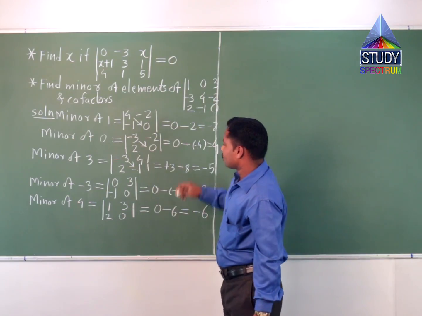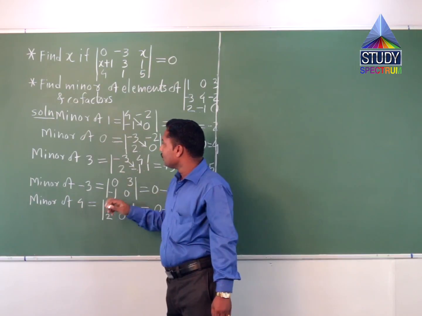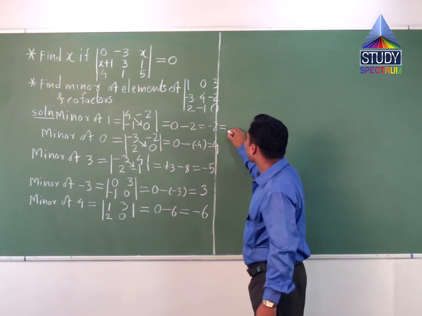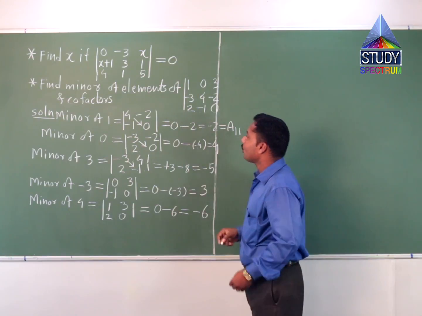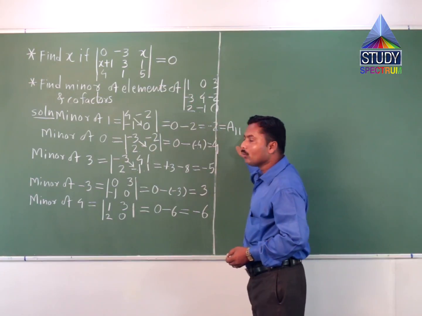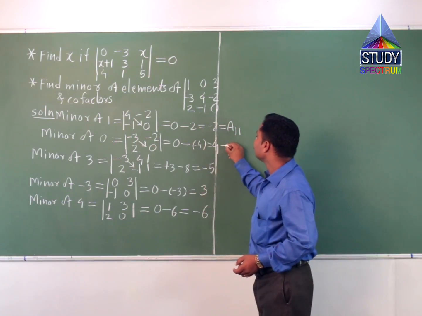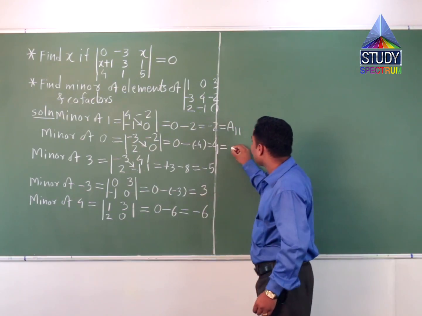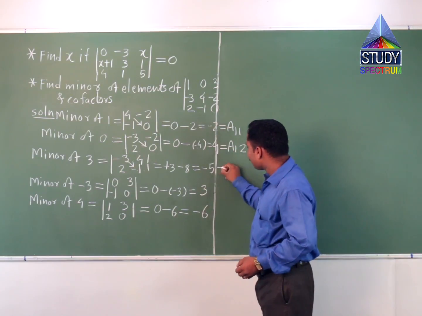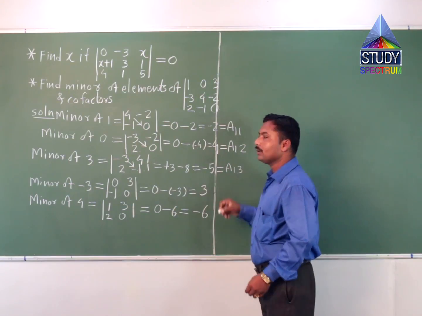Minor of minus 2. So actually all these minors are denoted like this: the first minor is denoted by capital A11, because this number is at the place small a11. This minor is denoted by A12, this minor by A13.